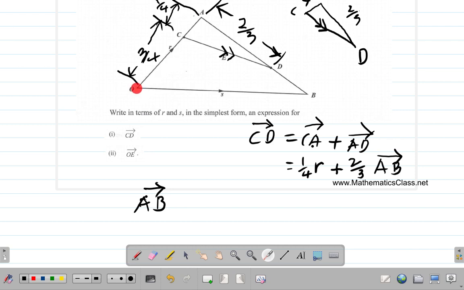Remember, O to A is R. It's in the question. So what is going from A to O?